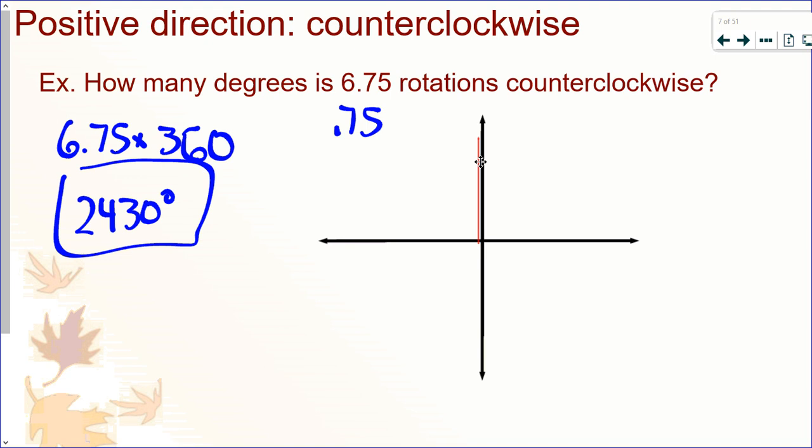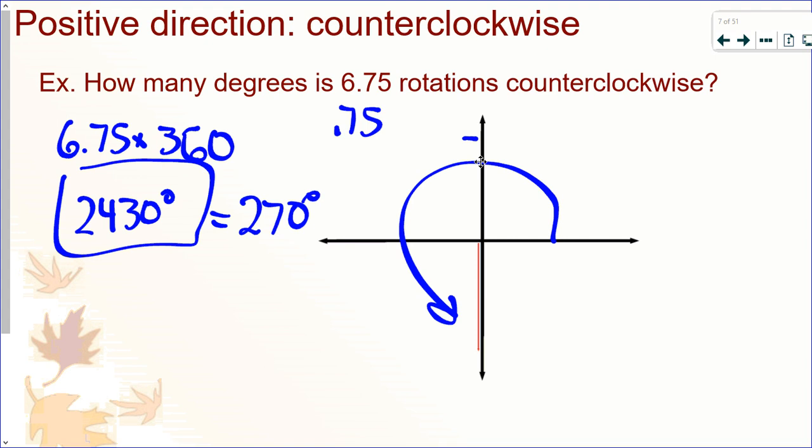This is halfway around my rotation. And this is 0.75 because I've done a quarter, a half, 0.75. So how many degrees would this be? Yeah. So that means 2,430 degrees is the same as 270.